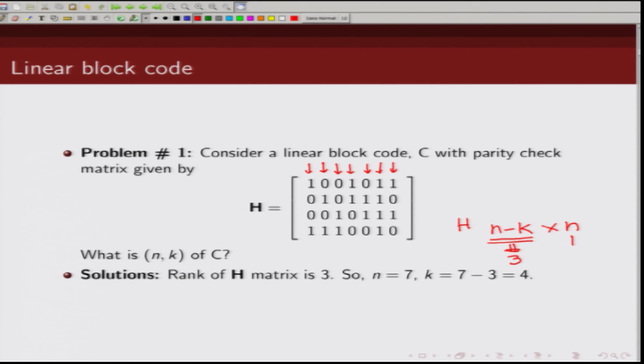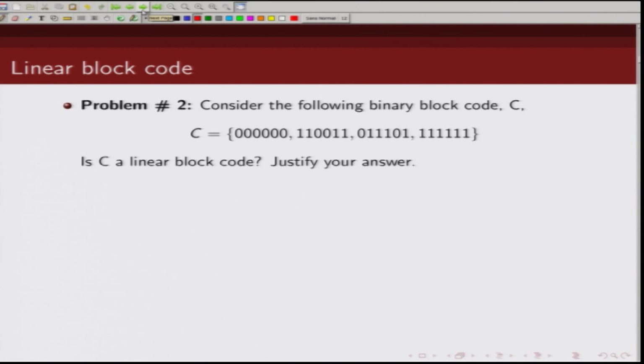So, n is 7. That would then give us k equal to 4. So, this is an example parity check matrix for a 7, 4 linear block code. Okay. Now, let us look at another problem.